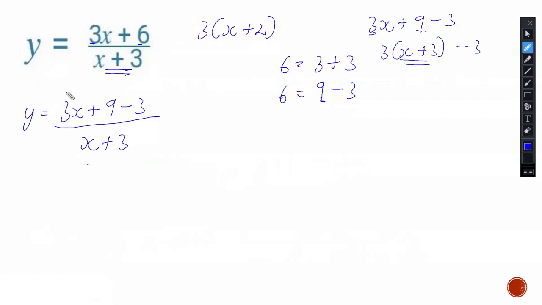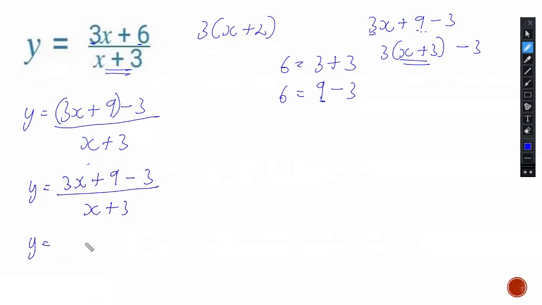Now, if I take this as one term, this is y is equal to 3x plus 9 and then minus 3 over x plus 3.